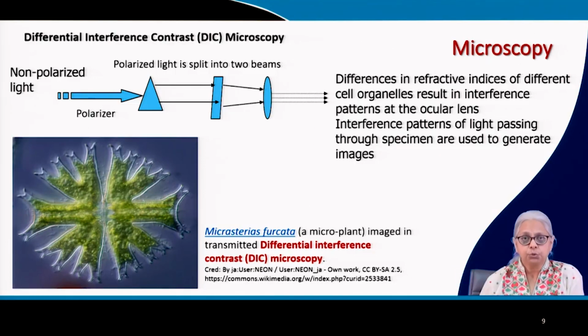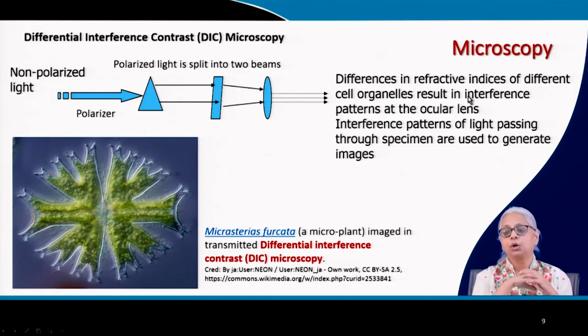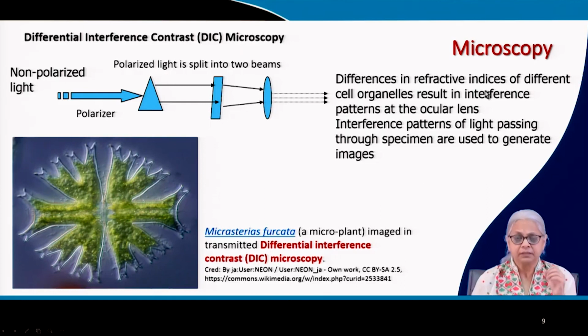Those are passed through two prisms, and what reaches the ocular lens, again because of interference patterns that are generated by differences in refractive indices of the different cell organelles, will create a particular image. And these interference patterns of light will be used to generate these images, and this is one of the outcomes.